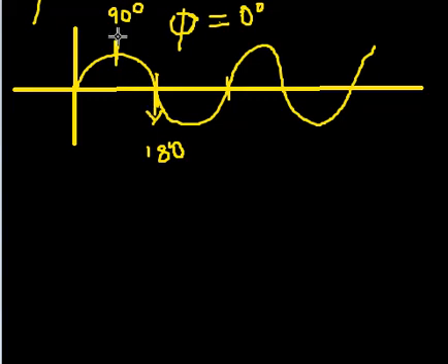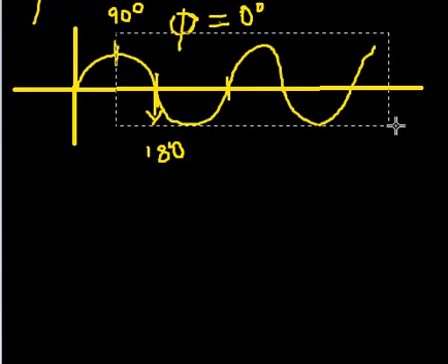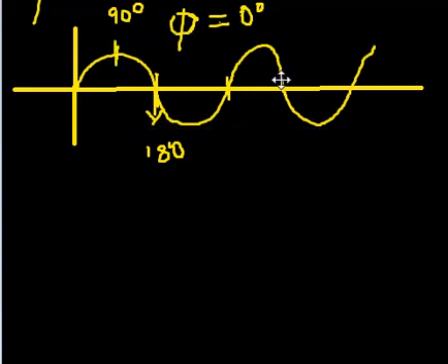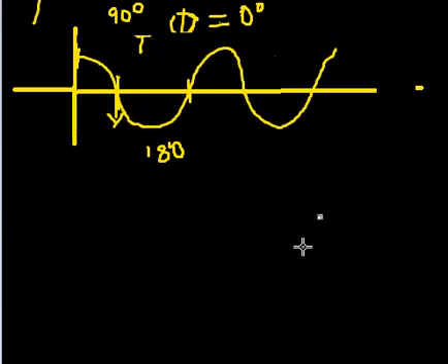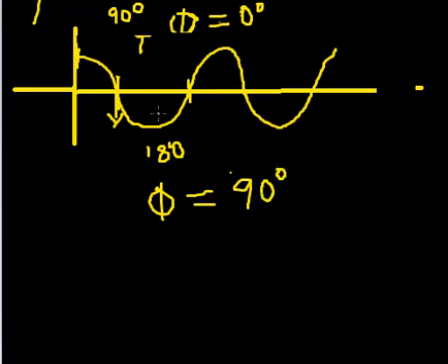Let's say I shift this wave now so it started from this point. You discover that this is where this wave started, at 90 degrees. So I can simply say the phase angle of this wave is 90 degrees, which is the difference between it and the one that starts from 0.